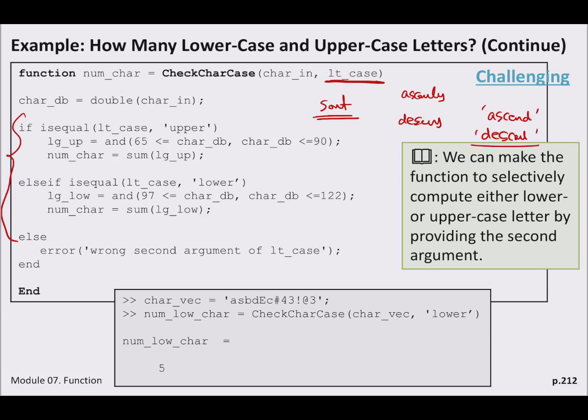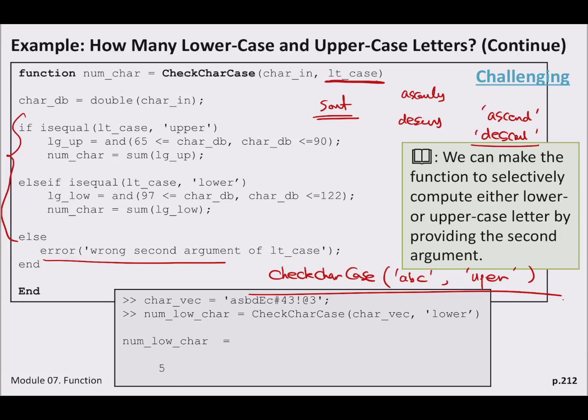In addition, I also added this error function, which I briefly mentioned in the previous lecture, right? This is a very good example to use this function. But imagine that your friend uses this function, let's say with a character vector, like upper, like this.